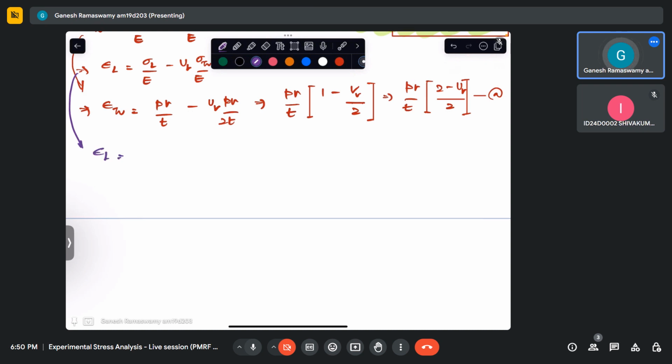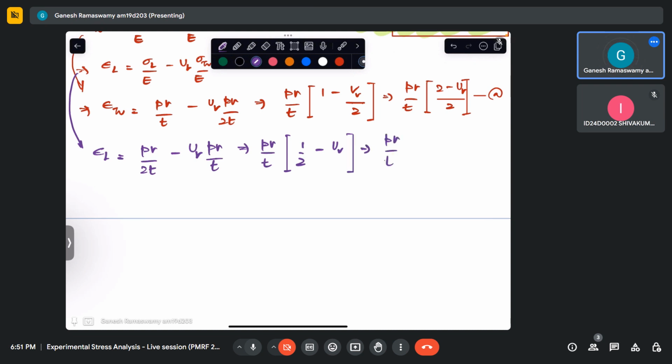Similarly, if I calculate this, epsilon L comes out as PR by 2T minus mu V PR by T, which is PR by T into half minus mu V. So this comes out to be PR by T into 1 minus 2 mu V by 2.